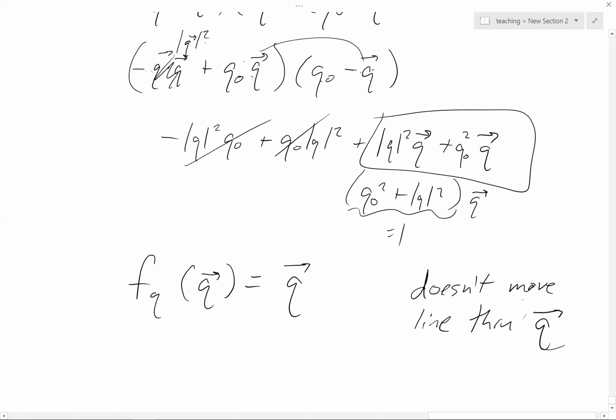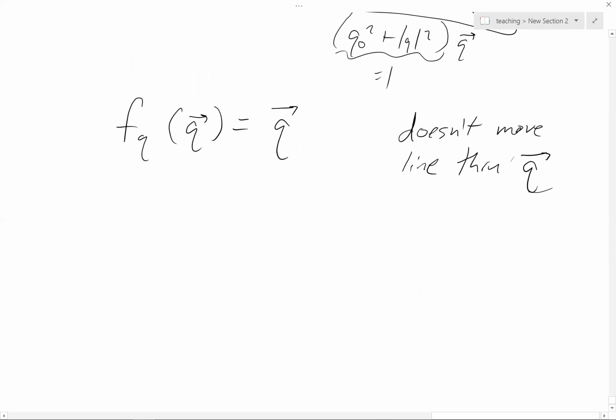It could be a rotation about that line, or it could be a reflection through the plane that contains the line. I don't want to talk about it right here because it's kind of obvious later on, but it preserves orientation.